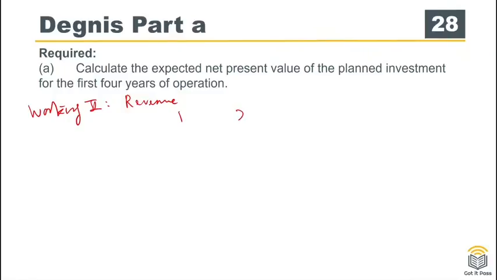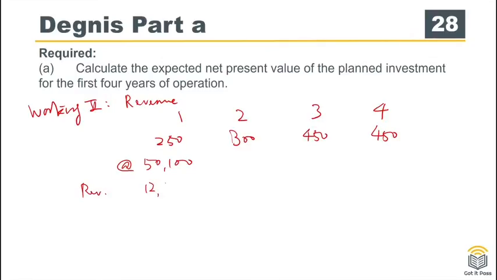In each year we got the number of units, and we got the price for each year, which is 50,100. So the revenue for the first year should be 12 million 525,000.